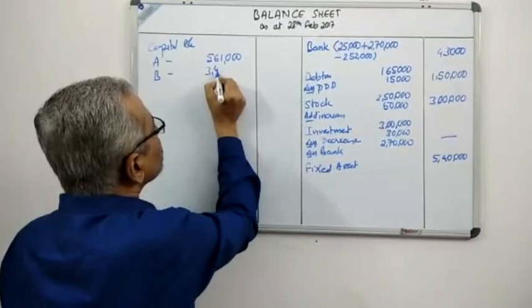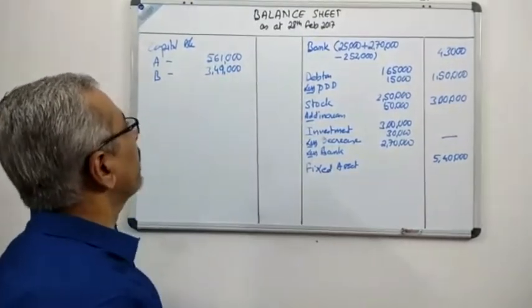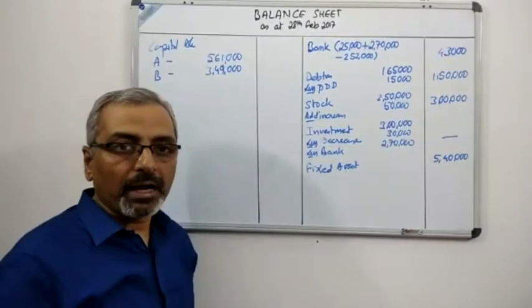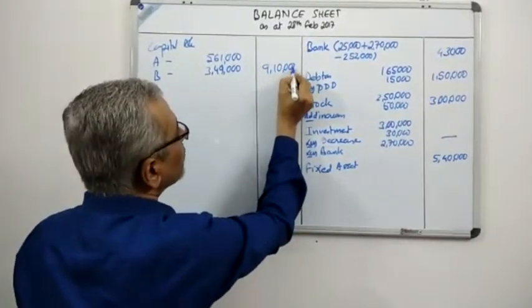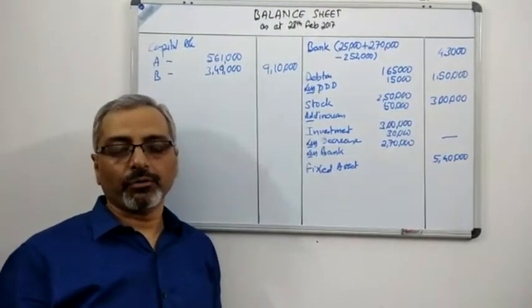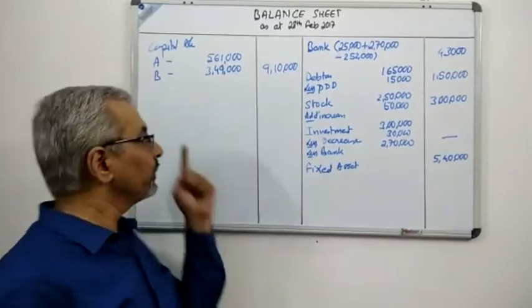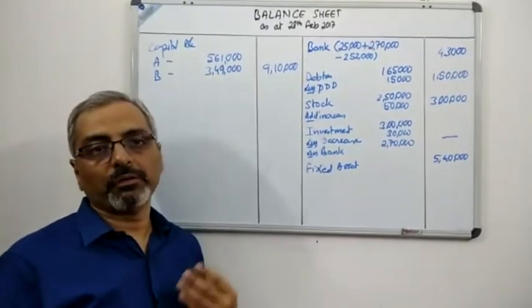So these are the capital accounts of A and B, 5,61,000 and 3,49,000. If you add both, you get a figure of 9,10,000. Okay. Now see very carefully, C has been paid off. Generally, when C is not paid off, we write C's loan over here. But in this question, C has been paid off, so we don't have to consider that.